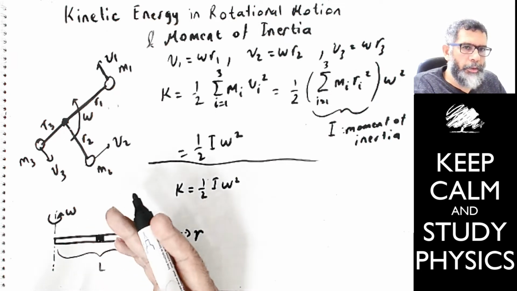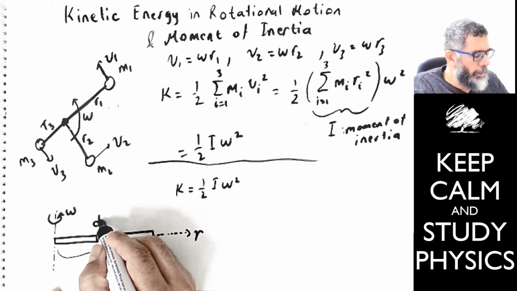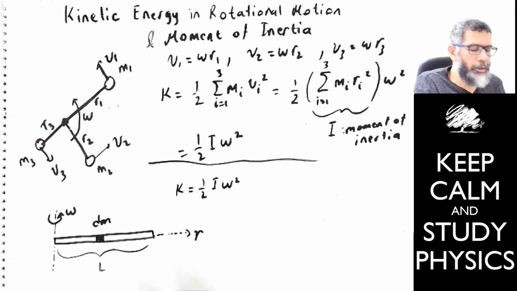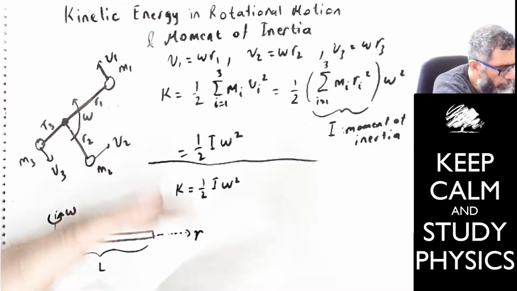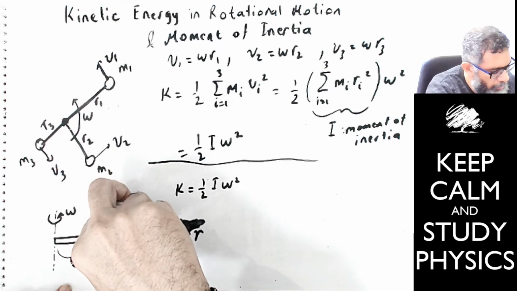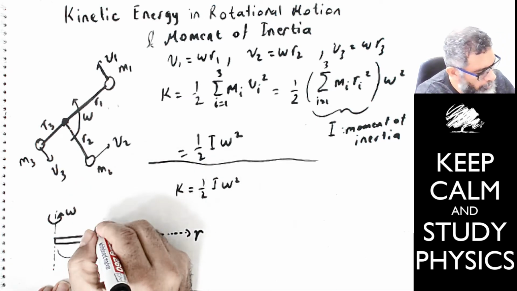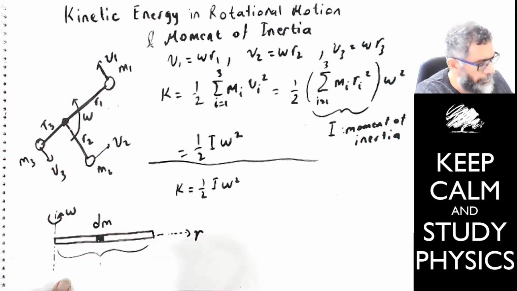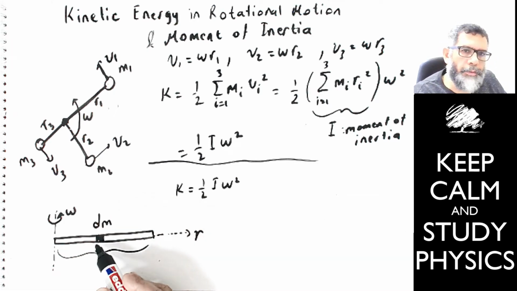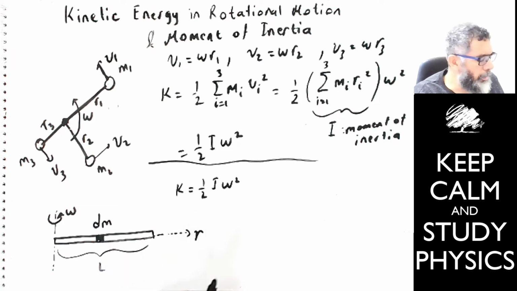Since they are infinitesimally small, we call them dm's, differential masses. Let me write this in a clear way. This is dm. We call this dm because it's very small, so you can take this as a point particle. This is the trick that we have done many times before.